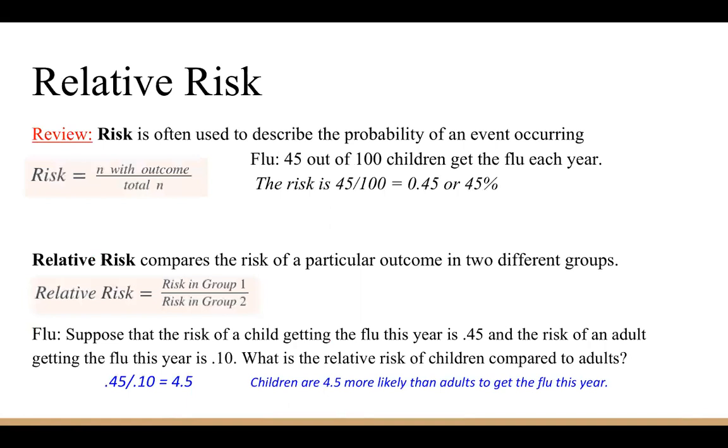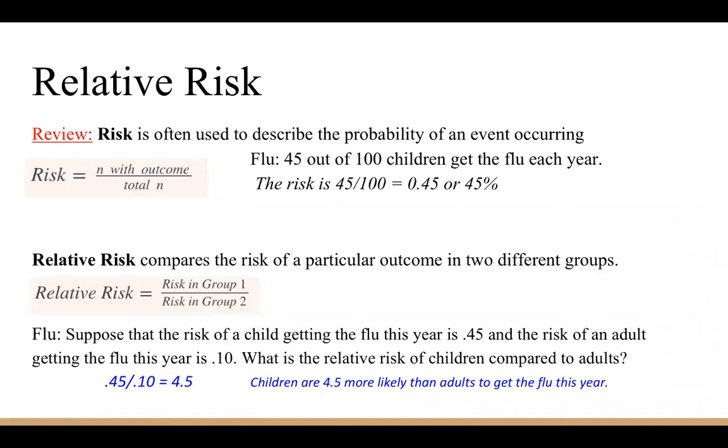Relative risk compares the risk of a particular outcome in different groups. So you'll compare the risk in group 1 and the risk in group 2. With relative risk, you're not calculating risk; you're just comparing two risks, one in each group. Again, using the flu, suppose that the risk of a child getting the flu this year is 0.45 and the risk of an adult getting the flu is 0.10.